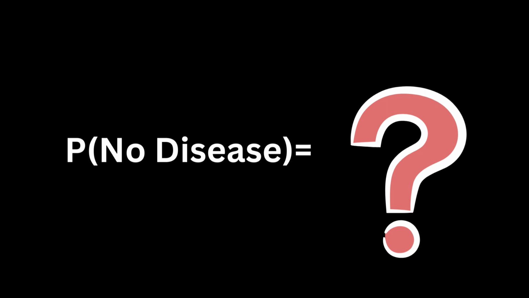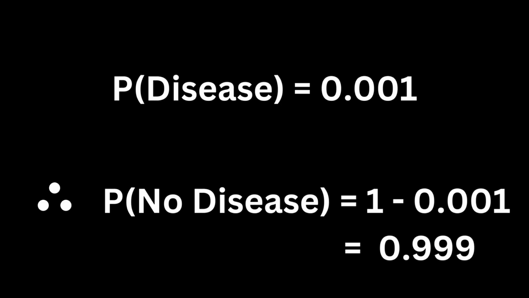So, what is the probability that a person in the general population does not have this rare disease? We can calculate that using the probability that a person in the general population has this rare disease, because we already know that one is 0.001. Therefore, the probability that a person in the general population does not have this rare disease is 0.999.